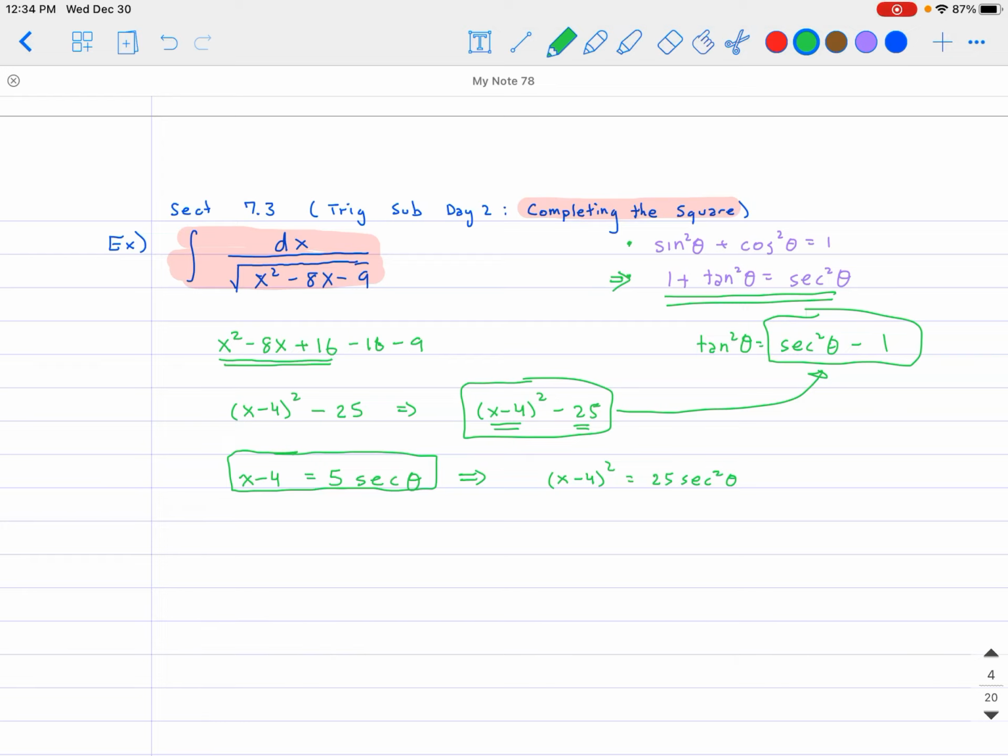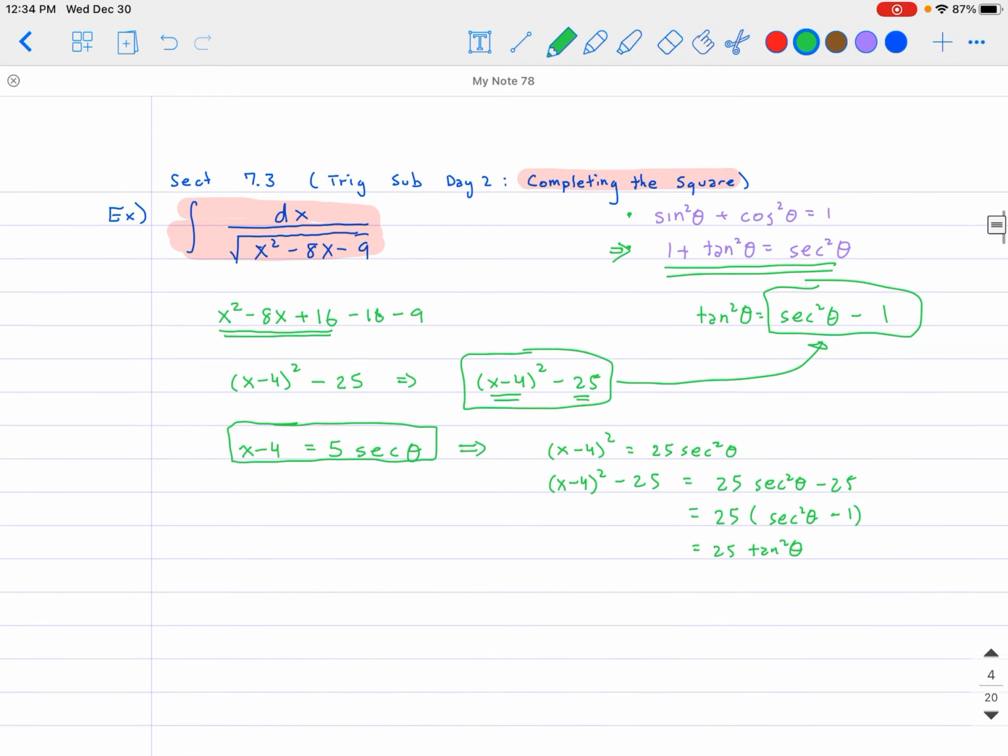Now if I have x minus 4 quantity squared minus 25, which is what I have in the denominator, that gives me 25 secant squared of theta minus 25. And that is definitely something we can work with, because that's 25 times secant squared minus 1, which is equal to 25 tangent squared of theta.